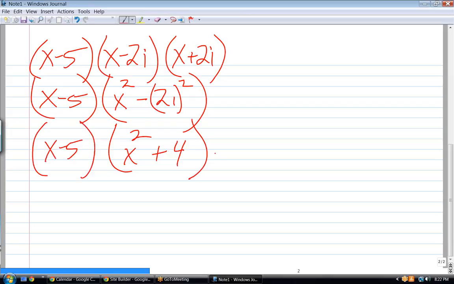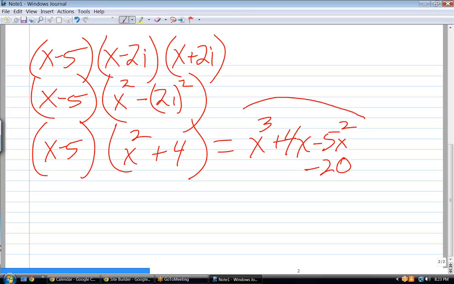Now multiply these two together and you've got your polynomial. Go ahead. The x cubed plus 4x minus 5x squared minus 20.